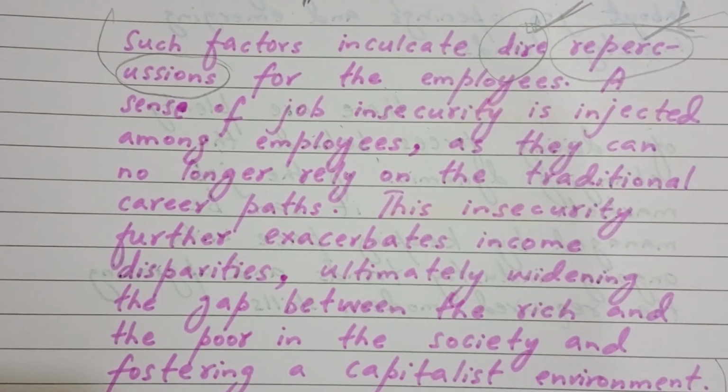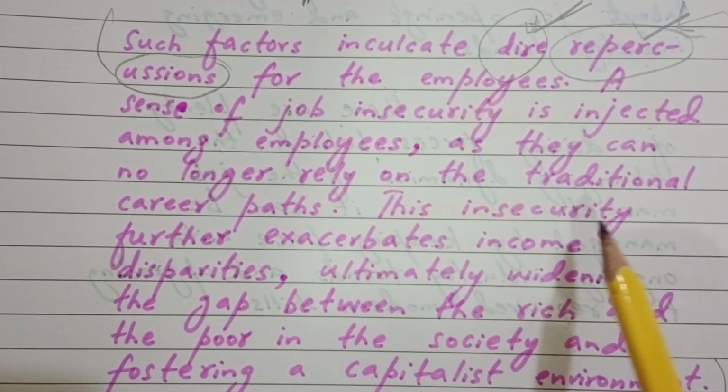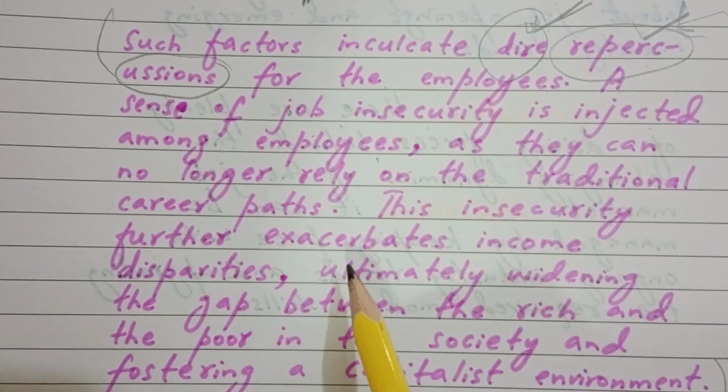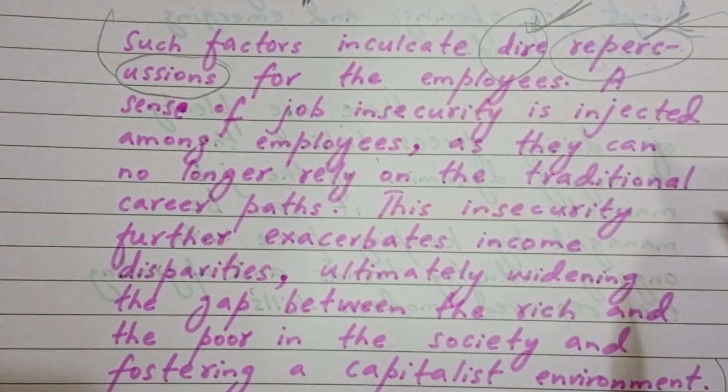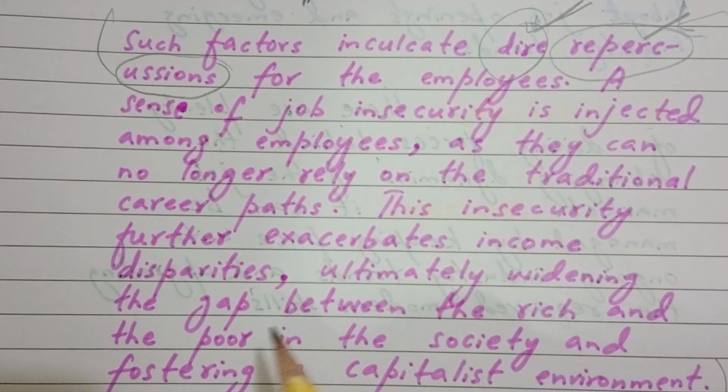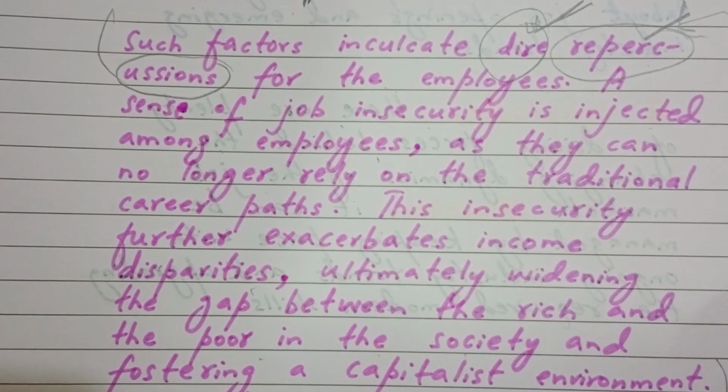Because of this volatile job market, they can no longer rely on what they were doing as per their daily routine or as per their daily job. This insecurity further exacerbates income disparities, ultimately widening the gap between the rich and the poor in the society and fostering a capitalist environment.